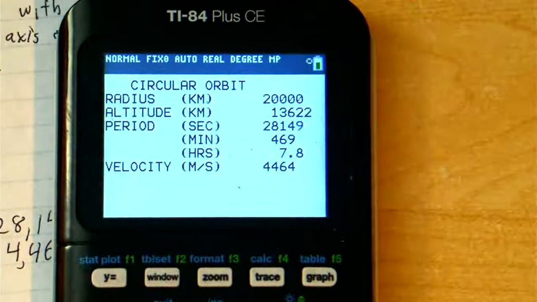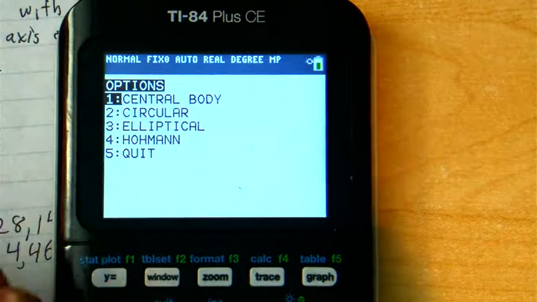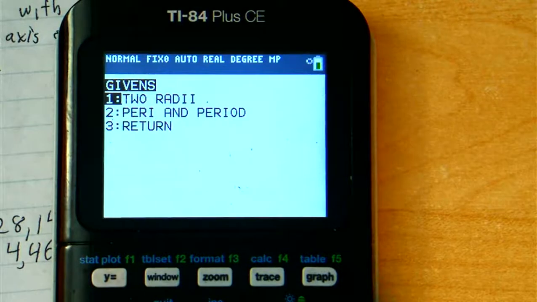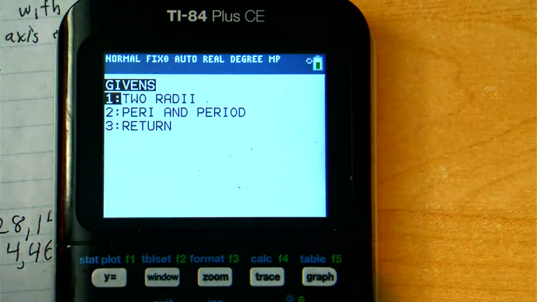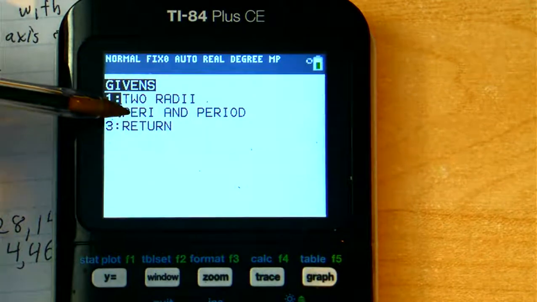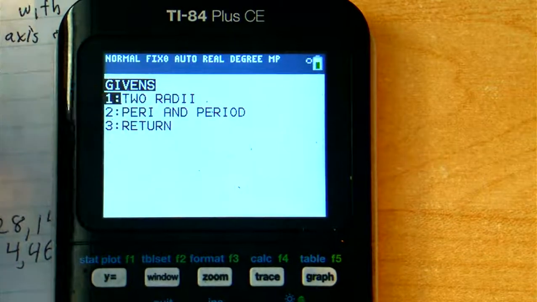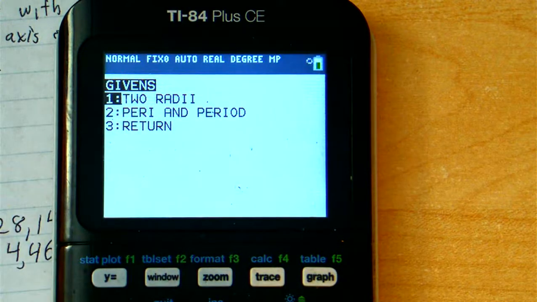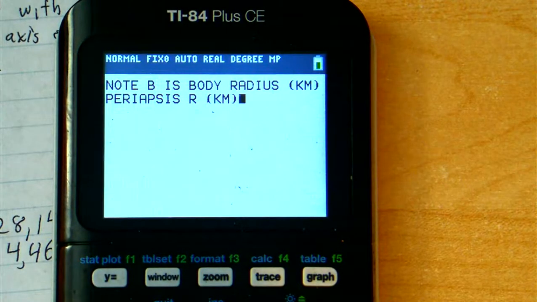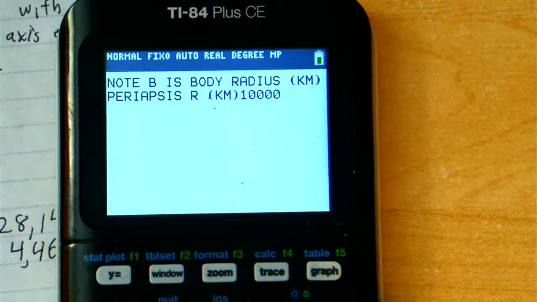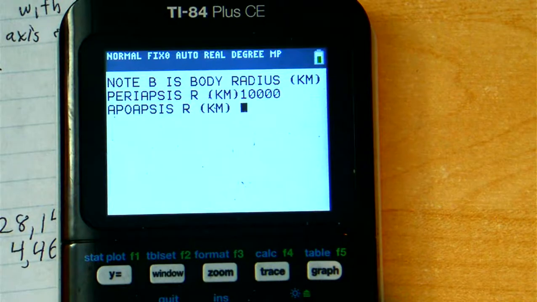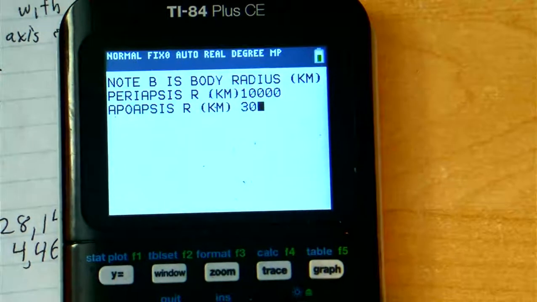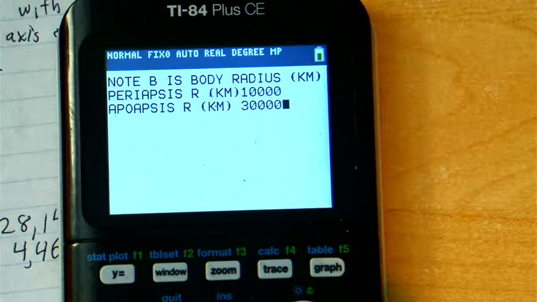Okay, so if instead of a circular orbit I had an elliptical orbit, in my program I can either put in the periapsis distance and the period, or put in the two radii, or give up and return to the main menu. I'm going to do the two radii. The periapsis radius we said was 10,000 kilometers. The apoapsis radius was 30,000 kilometers.